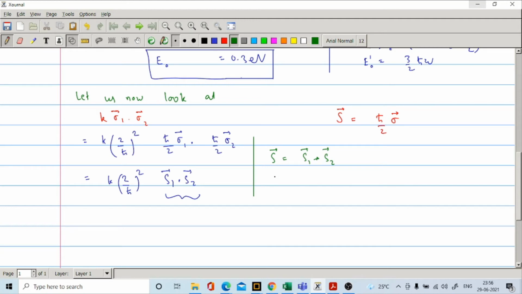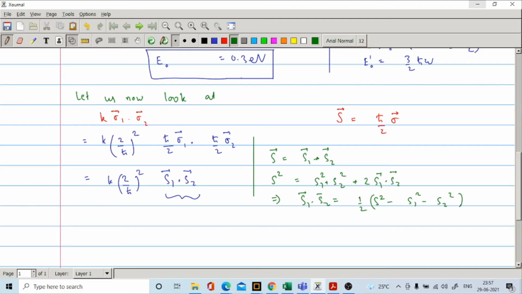So if we square both sides, S squared is equal to S1 squared plus S2 squared plus 2 S1 dot S2. From here we can get the S1 dot S2 part. S1 dot S2 is nothing but S squared minus S1 squared minus S2 squared, divided by 2.